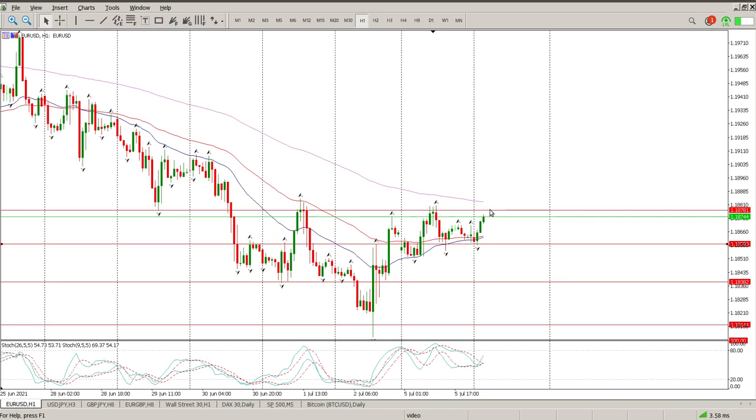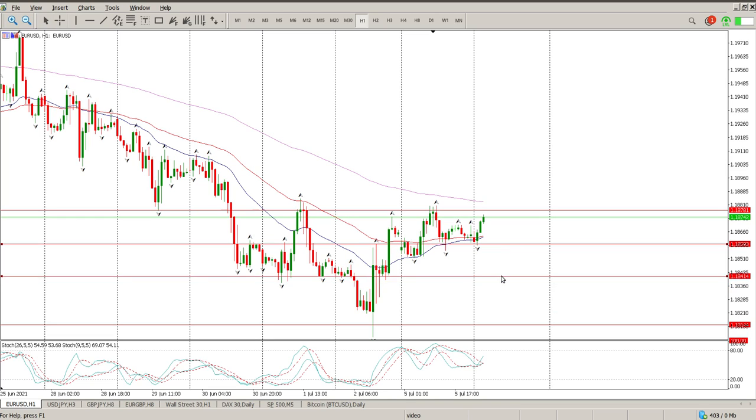So just to summarize that, a break and retest of 118,781 opens the door to more upside, and a break and retest of 118,593 gives us a move to the downside, and I think the downside will probably be capped in the short term, at 118,400 or 407.